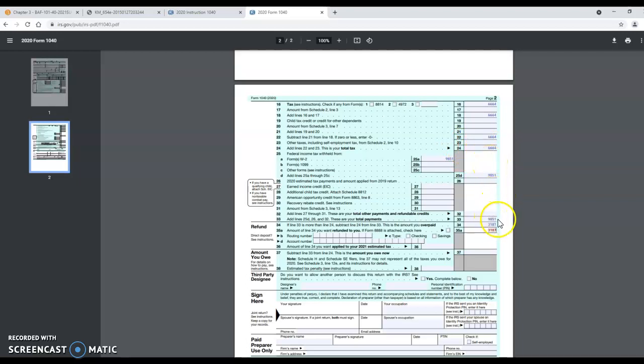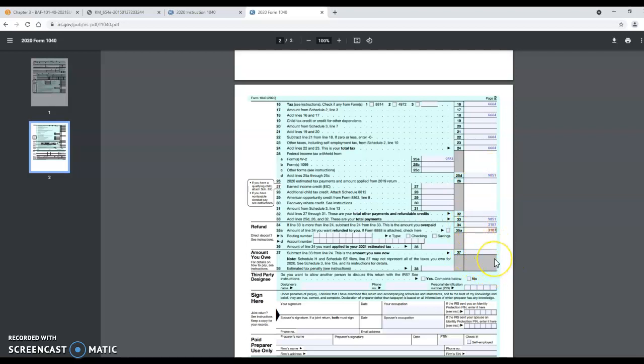Okay, and we would say that 9851 is not more than line 24. Then we would have skipped those lines there, and we would have gone down to line 37. Okay, and that means that we owe money. Our tax is more than what we already paid in toward it, and therefore we owe more.